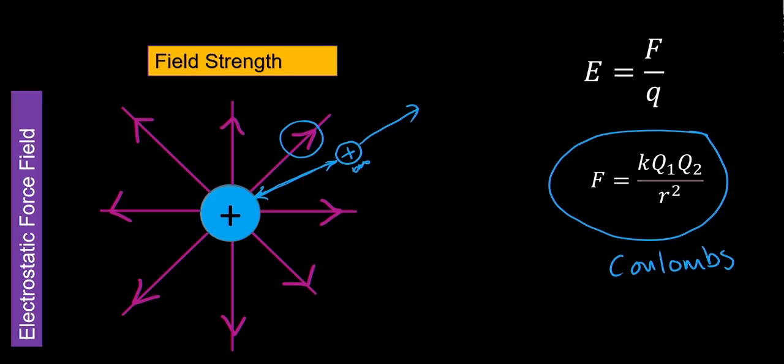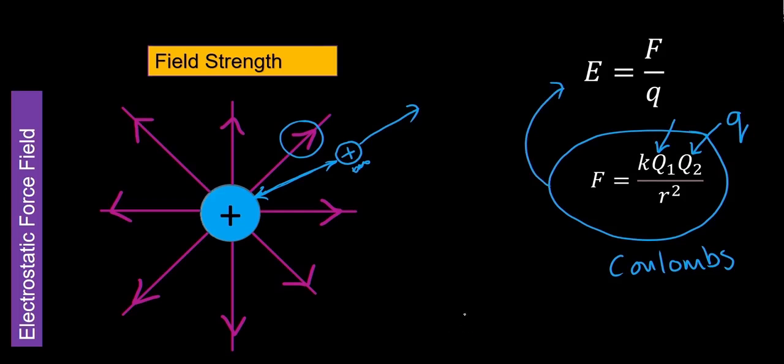So this would be Q1, possibly the original charge, and here's Q2, and so we could place in this Q here. We're talking about the force between the original, the big charge, and this teeny weeny little point charge. If we substitute Coulomb's law into this equation, this is what we're going to end up with.